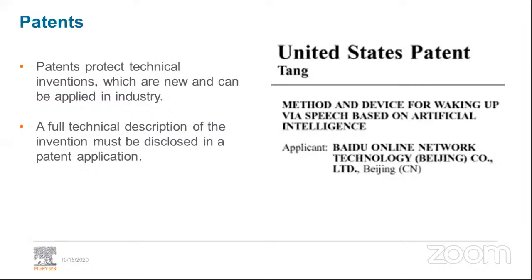In this time, the patent protects this technical invention. When you search for patents on the internet, you'll find the name of the invention and the full technical description of the invention.